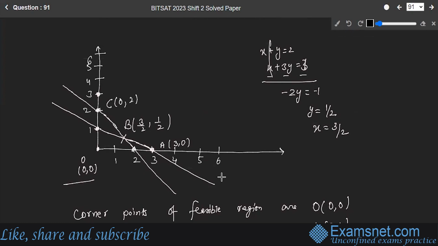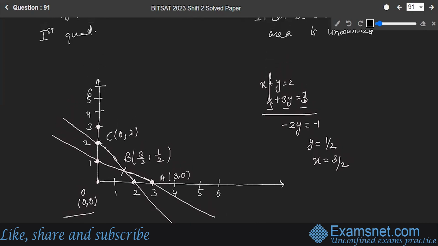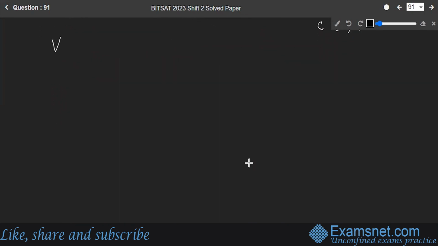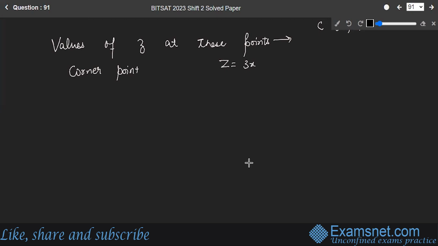So now the values of Z at these points will be given by, see, the corner points, and Z is equal to 3x plus 5y.